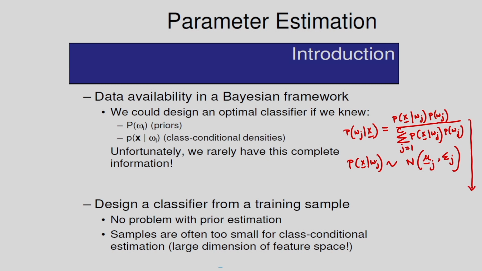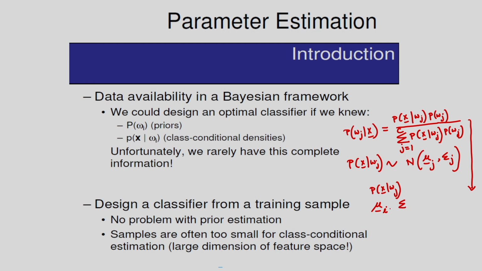If you see this formula, for calculating the probability of Wj given x, what information do I need? I need the information of probability of x given Wj, that is nothing but the class conditional density, and the parameters are, suppose, the mean vector and the covariance matrix.